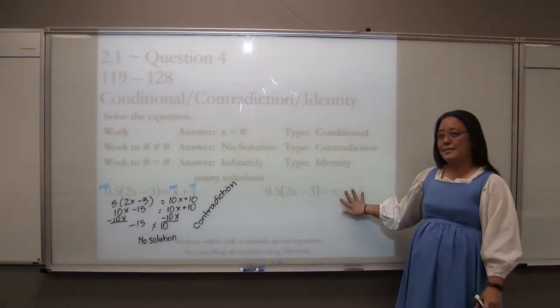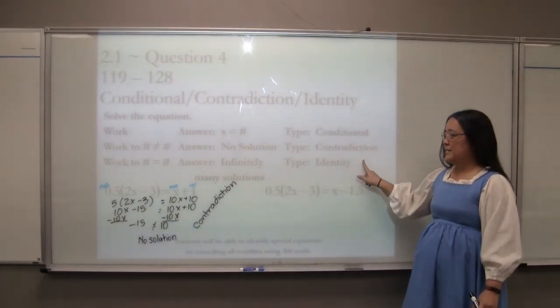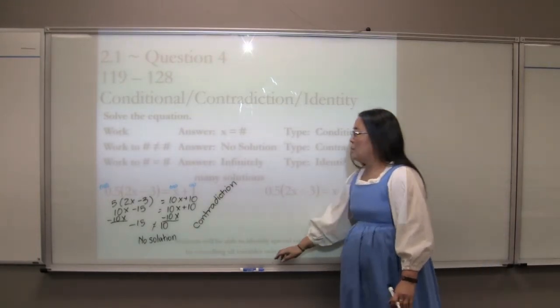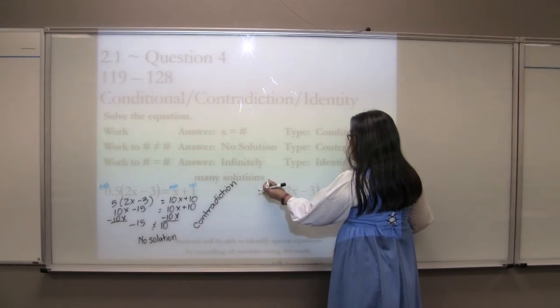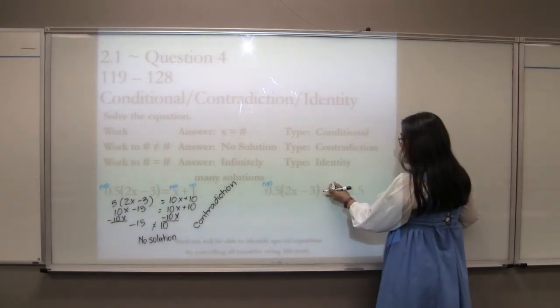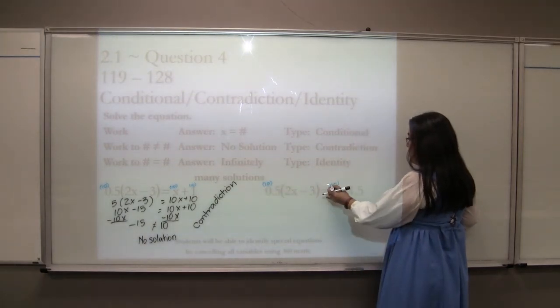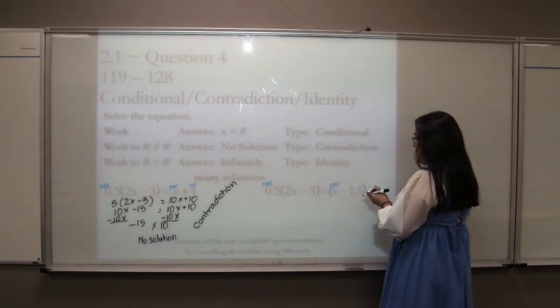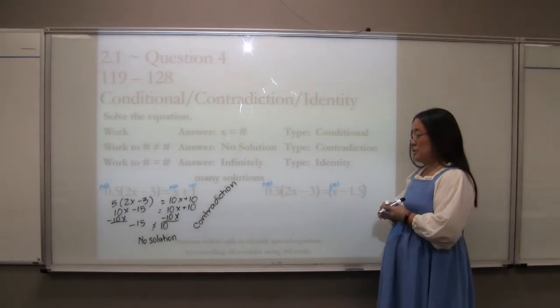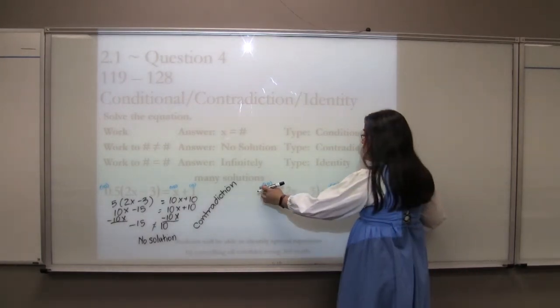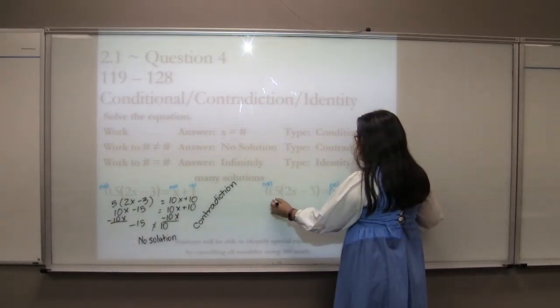I think that this is going to be an identity problem. So, once again, I can clear those decimals. That is a wonderful idea to start off a problem. Now, if you want to, you could put parentheses around here instead of multiplying each individual one, and then you'd have to distribute. It'll do the exact same thing. So 10 times 0.5 gives you 5.